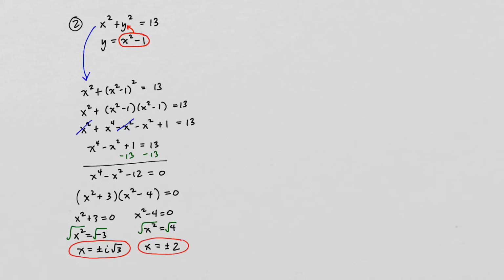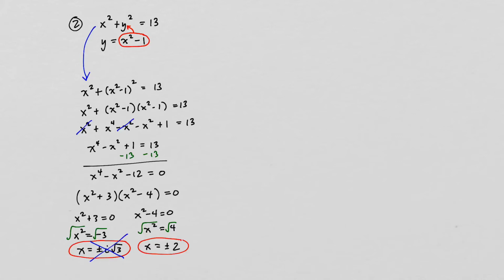However, if you're trying to find points of intersection of graphs, imaginary numbers do not show up in those graphs. So because we're talking about graphical solutions here, we're going to discard these two answers. They just cannot be.